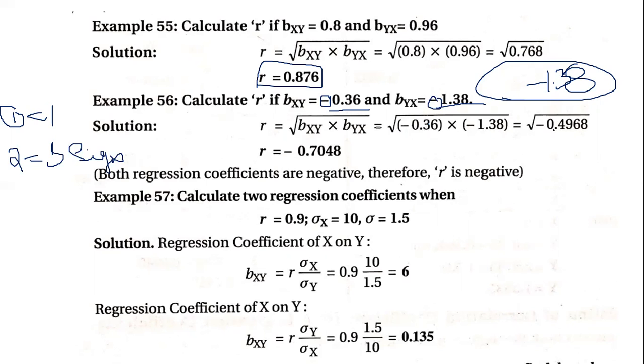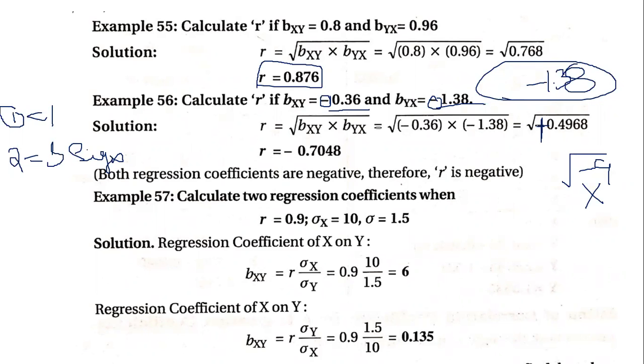When you multiply these two, you get 0.4968. Now here it is not technically minus. According to maths, this is plus, because minus into minus is plus. Because I told you, if you have square root and inside you have a minus number, then you cannot find the square root. Correct? So mathematically, this is plus. Just for representation they have given it.